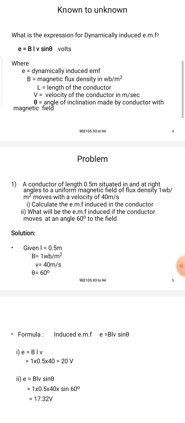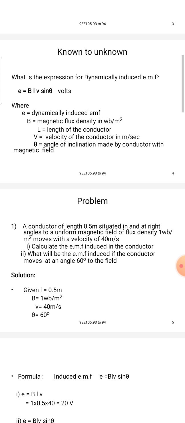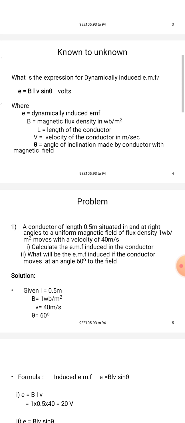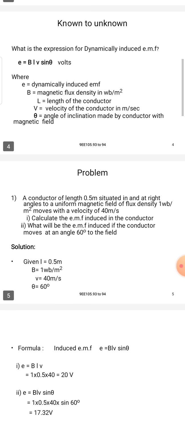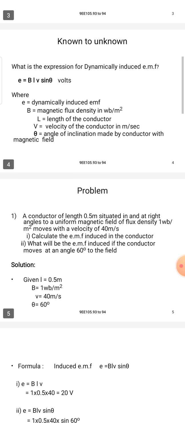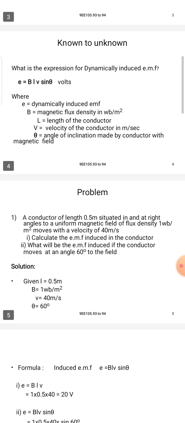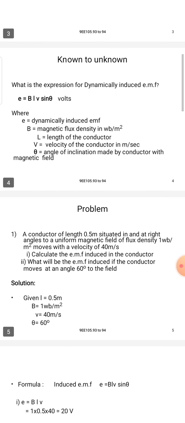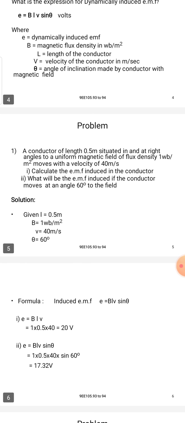So the expression for dynamically induced EMF is E equals B L V sin theta, with unit volts, where B is flux density, L is length of the conductor, V is velocity of the conductor, and theta is the angle of inclination made by the conductor with the magnetic field.